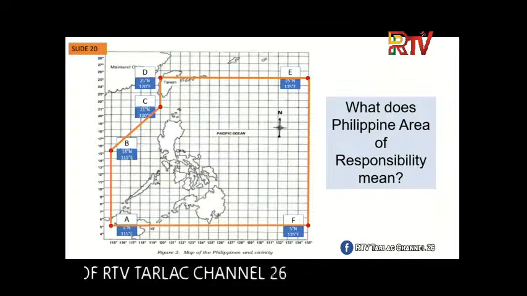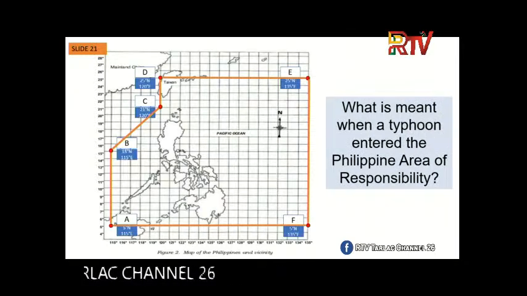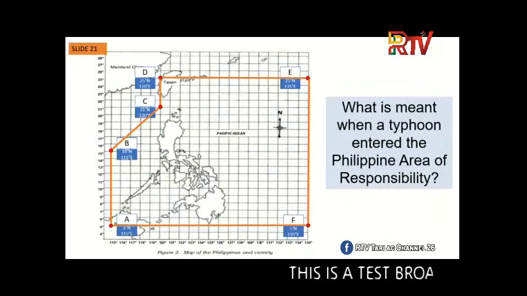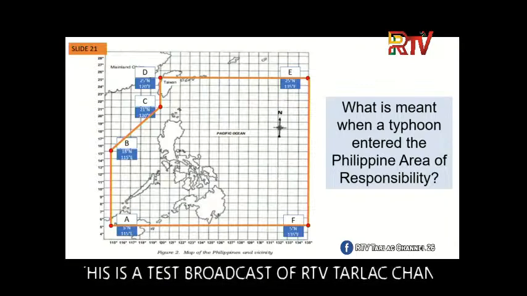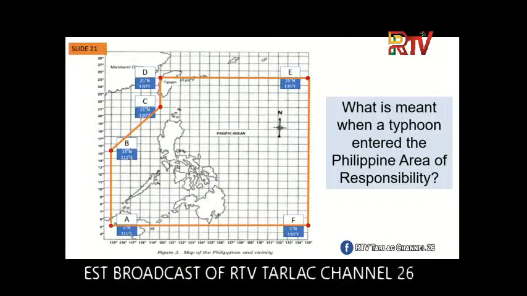For question number 4. What is meant when a typhoon entered the Philippine Area of Responsibility? I repeat, what is meant when a typhoon entered the Philippine Area of Responsibility? Good thinking!